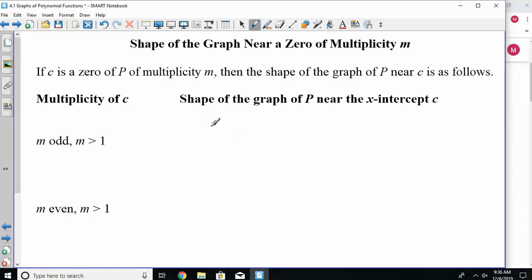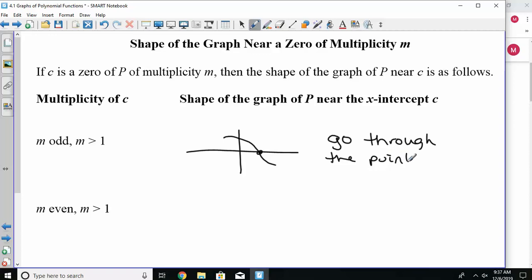If you have a 0 and it has an odd multiplicity, then your graph will just go through the point. So if I find a 0 and it has a multiplicity of 1, 3, 5, 7, my graph is just going to hit that and go through it.